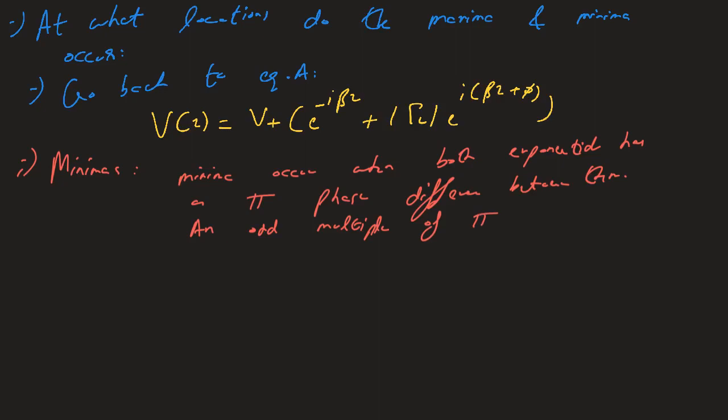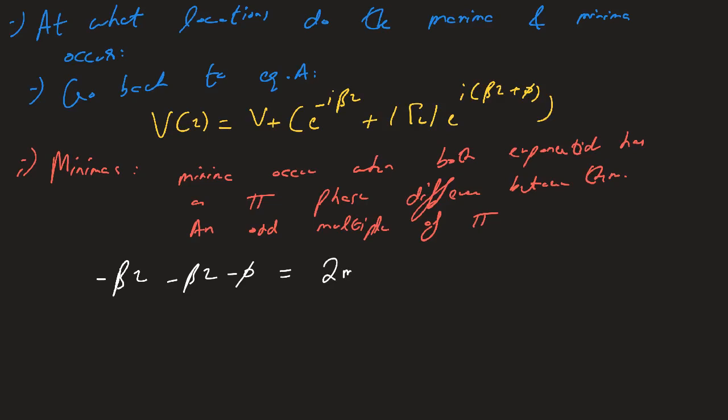So the phase difference would be minus beta z, which is the phase of this term, minus, because it's the difference, minus beta z minus phi. Beta z plus phi is the phase of this one, but we are subtracting it, so it's phase 1 minus phase 2. This becomes equal to an odd integer multiple of pi, right?